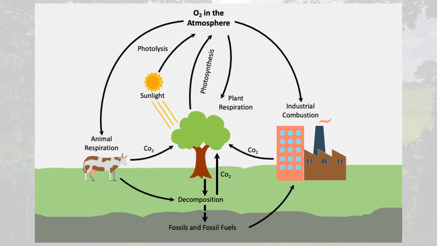During the process of decomposition, carbon dioxide is also released, which is taken up by plants, and through photosynthesis, we get oxygen as a byproduct back to the atmosphere.